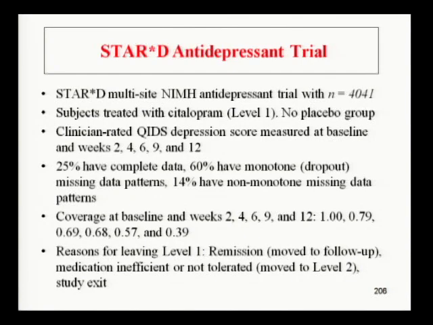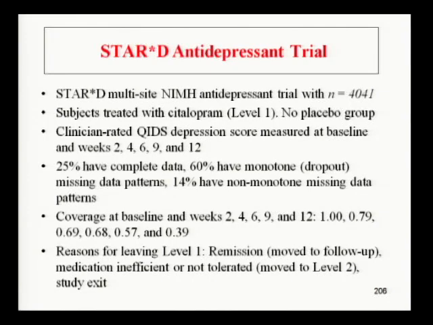Now the reasons for disappearing from this level 1 are some of these reasons more or less under the control of the experimenters. One reason is remission. They're moved to follow-up. Remission meaning, simply put, they've been cured, and they move to just being observed, but no further action is taken. They could be removed from the study after a couple of weeks if the depression improves.